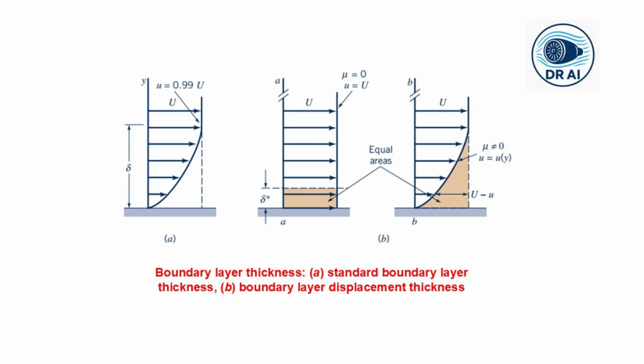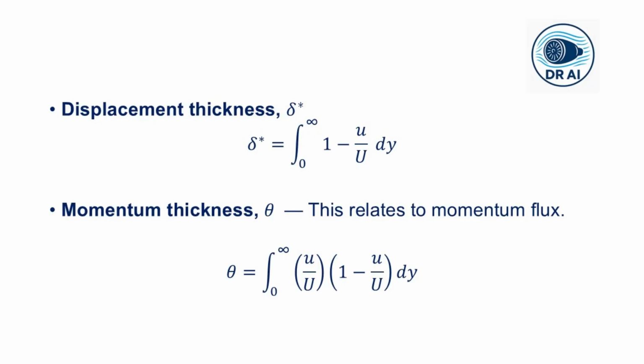Here is the mathematical representation of the displacement thickness delta star. Think of it this way: the boundary layer pushes the external streamlines outward by this amount. Streamlines outside the boundary layer are displaced away from the wall because some fluid is missing near the surface due to the velocity deficit.